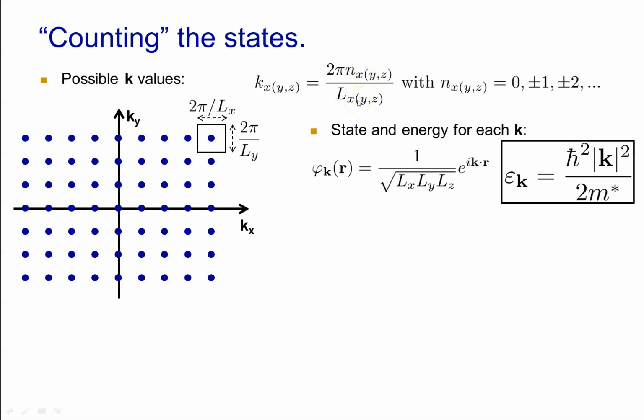But here that gives me an energy which should be h bar squared over 2 pi over L, I'm assuming Lx equals Ly here, right? 2 pi over L squared divided by 2m star. So that's the energy of these states here. So they have the same energy, so I keep filling, right? But 2 here, 2 here, 2 here, 2 here, 2 here, 10 states. That would be my ground state for the N particle system.